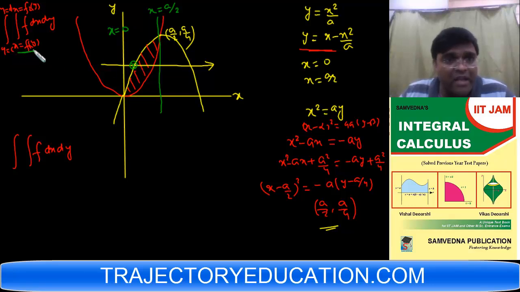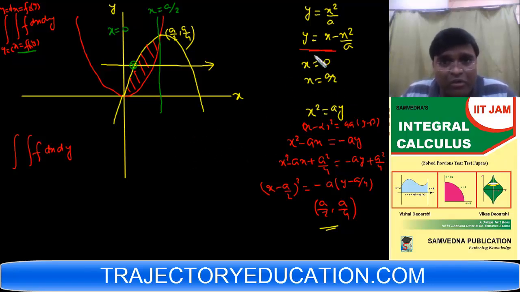Put the equation of this curve in the form x equals f1(y), x as an explicit function of y. For the lower limit of x, this arrow intersects this curve first, so the equation of this curve has to be written with x as an explicit function of y.